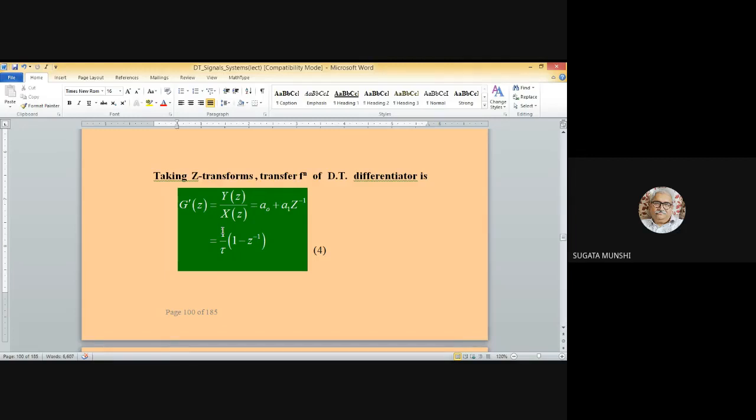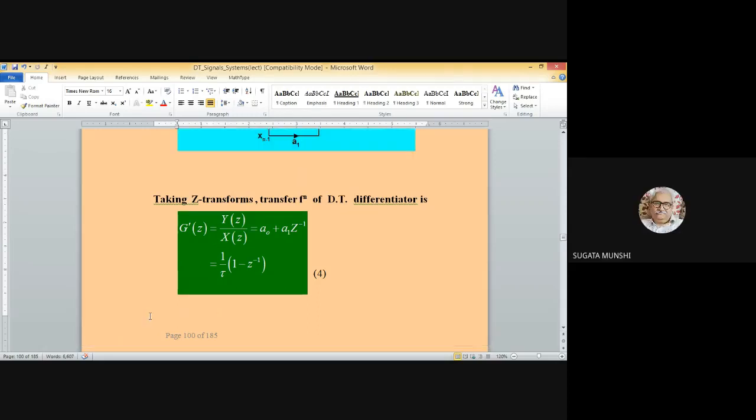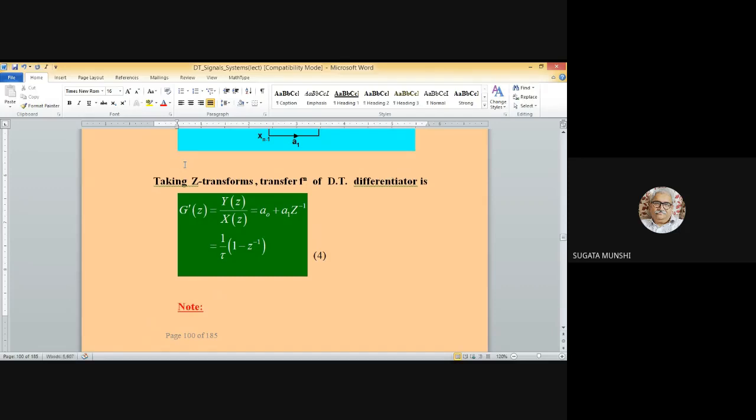If you have a continuous time LTI system that performs differentiation of the input signal, if you take the Laplace transform of the output and the Laplace transform of input and divide the Laplace transform of the output by the Laplace transform of input, what will you get? Sir, s. Yes. So the transfer function for an ideal continuous time differentiator is s.